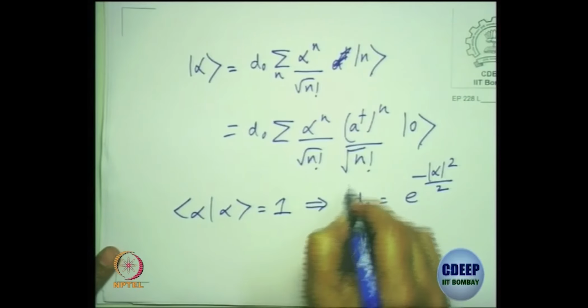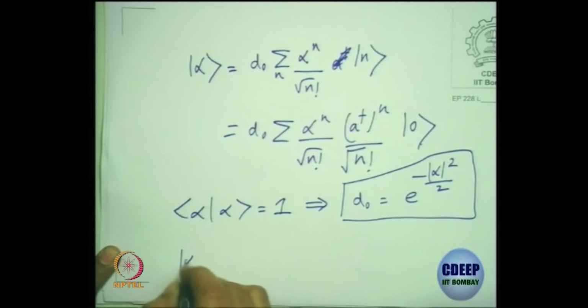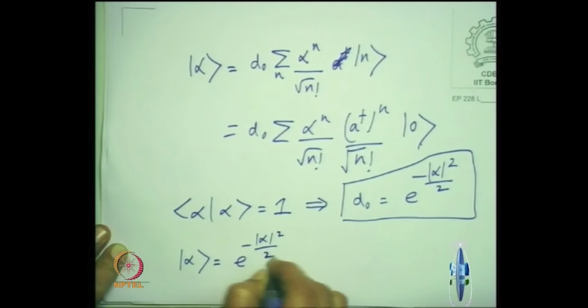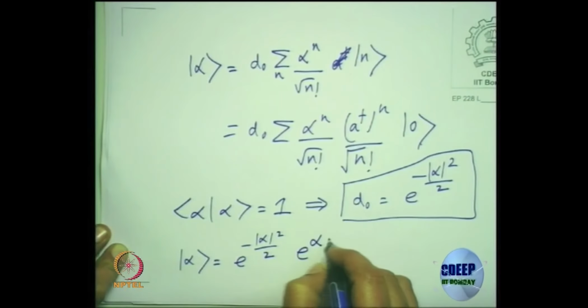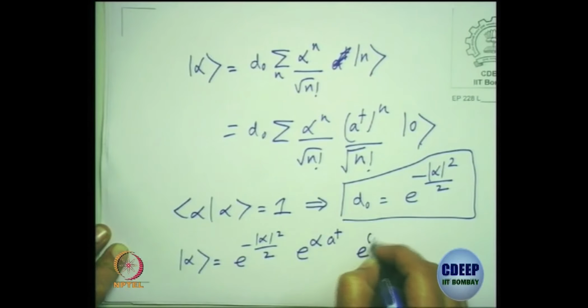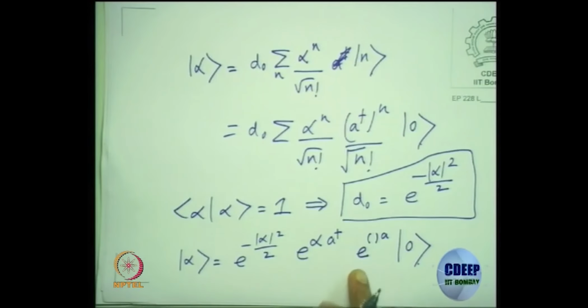This I want you to do as an exercise. Please check it out. And you can write alpha to be e to the minus mod alpha squared by 2 e to the alpha A dagger. I am just saying I can also put in something times A on 0. Is that allowed? Why?